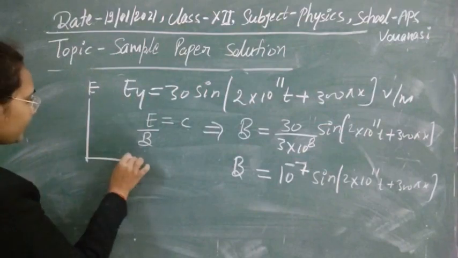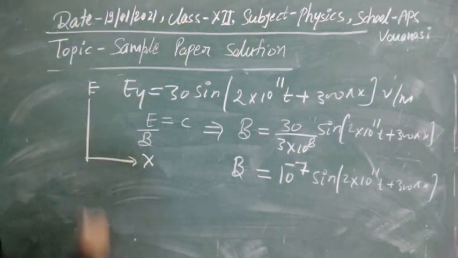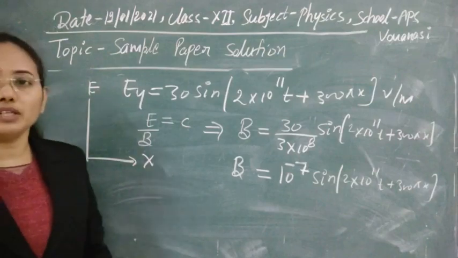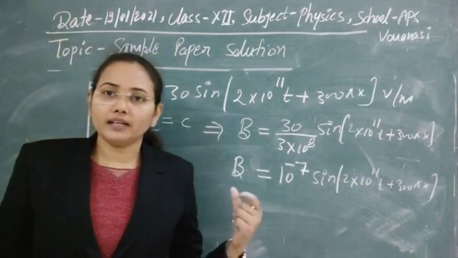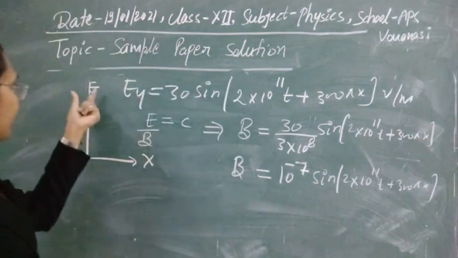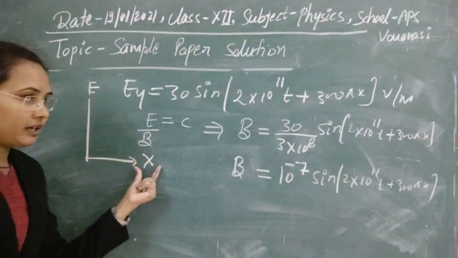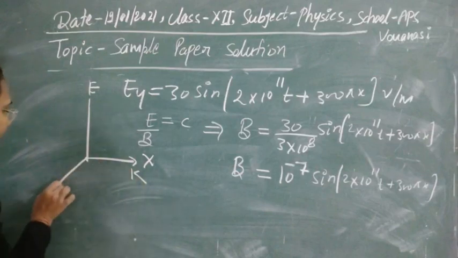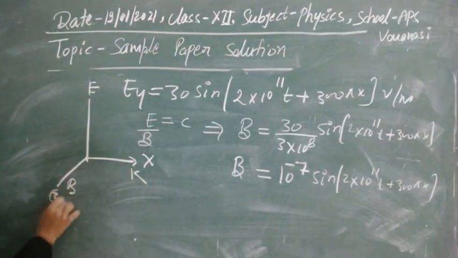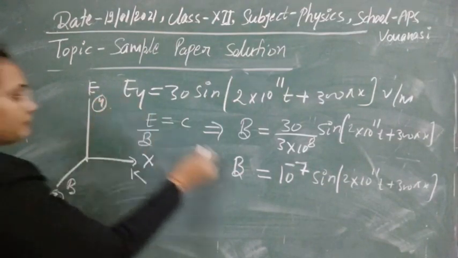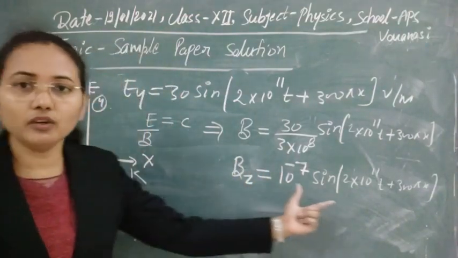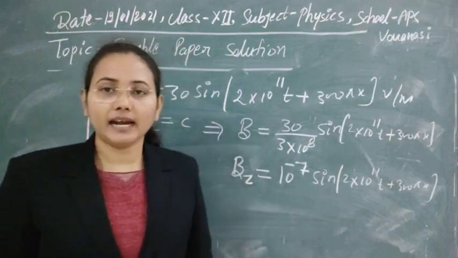You know that all three, electric field, magnetic field, and direction of propagation, are mutually perpendicular to each other. When the electric field is in the y direction and the direction of propagation is in the x direction, the magnetic field will obviously be in the z direction. So this will be Bz, and this is the value of the oscillating magnetic field that you can calculate.